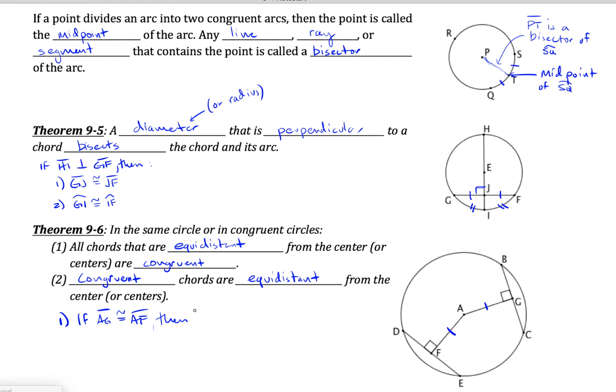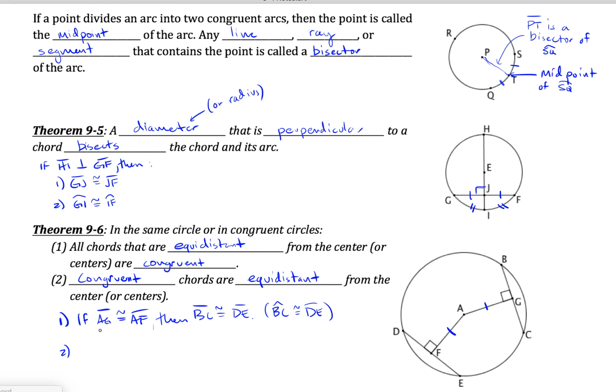Then those chords, BC, would be congruent to DE. And just so we understand, if those chords are congruent based on what we learned earlier, it would also mean that arc BC would be congruent to arc DE, if we applied theorem 9-4 to what we just said about theorem 9-6.